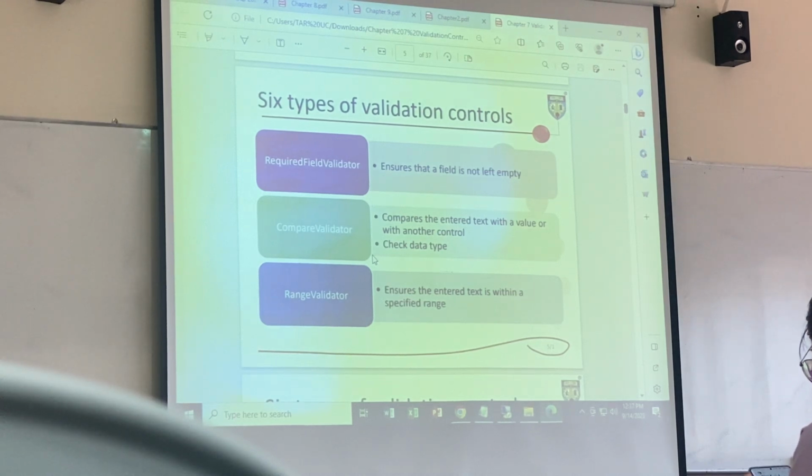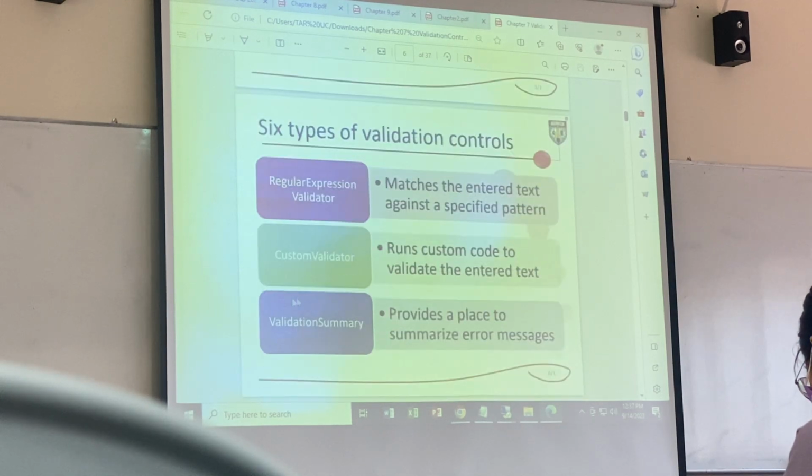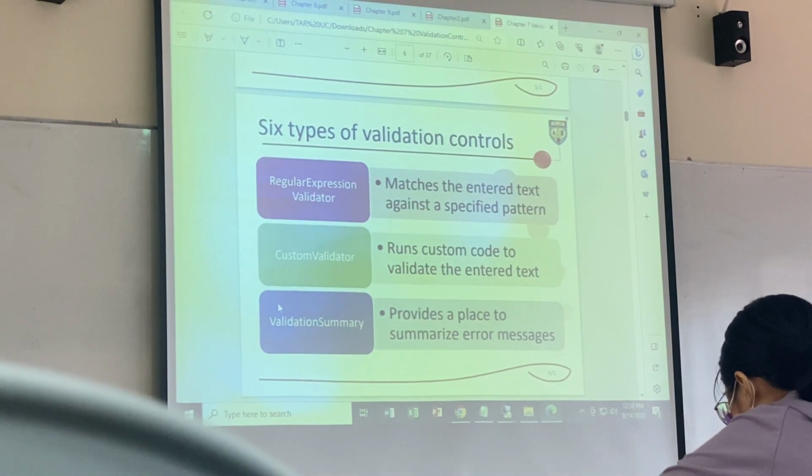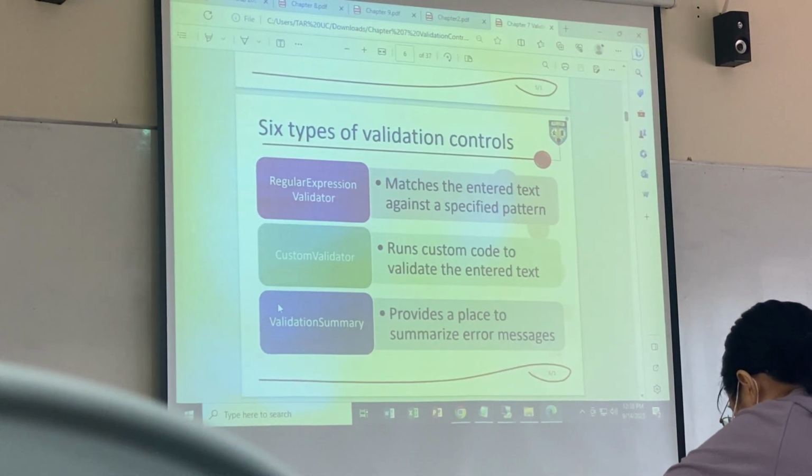When you drag from the toolbox, it is required field validator. Compare validator, range validator, regular expression validator, custom validator, and validation summary. So these are the 6 types of validation controls that we are able to drag from the toolbox.